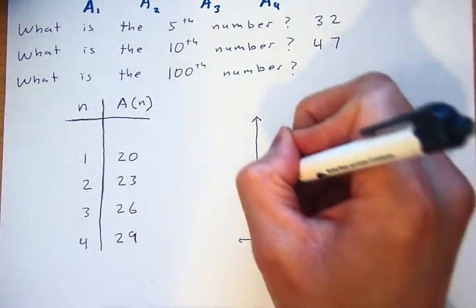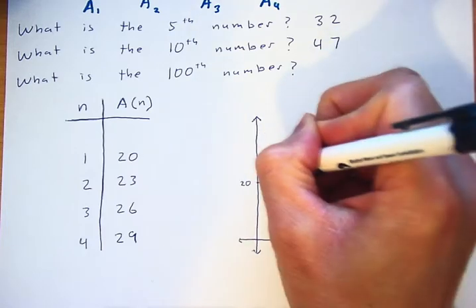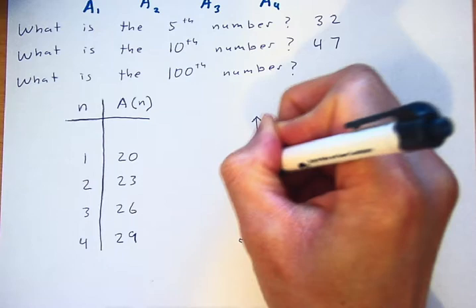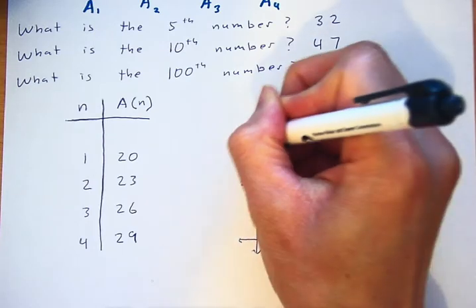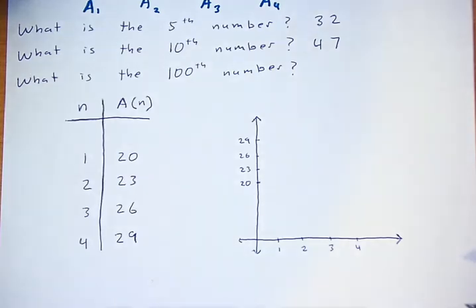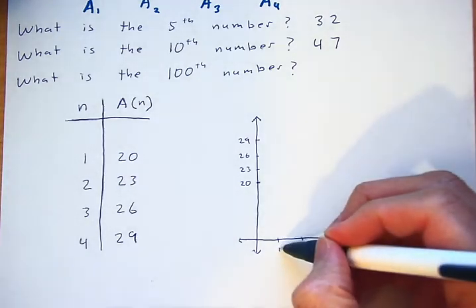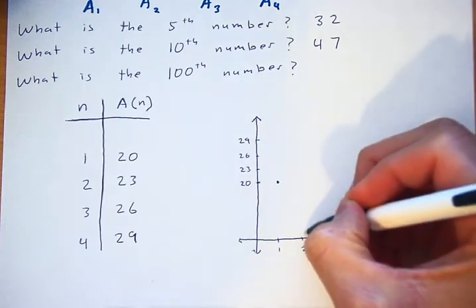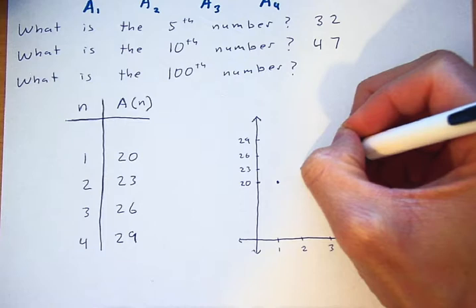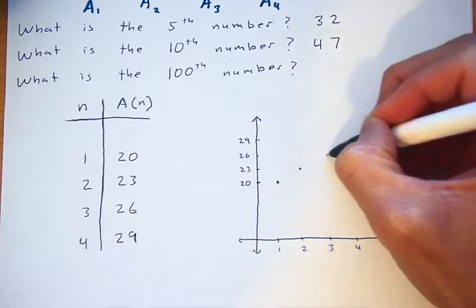And over here, let's have this be where 20 is, 23, 26, 29. Okay. So when n is equal to 1, my a of n was 20, n equals 2, your a of n was 23, etc.